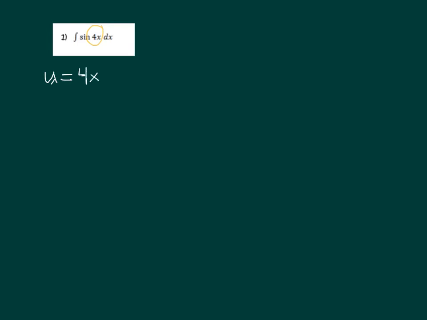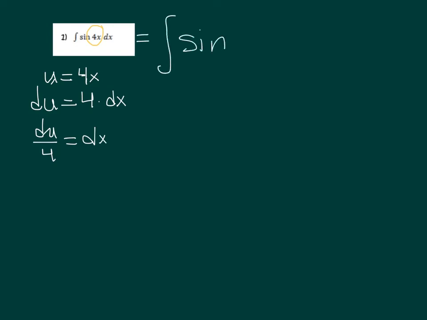If u is equal to 4x, then du will be equal to 4 times dx, but as we don't have 4 times dx, we only have dx, we're going to divide du over 4. So du over 4 will be equal to dx. So this will be the integral of sine of u, making the change of variable, times du over 4.